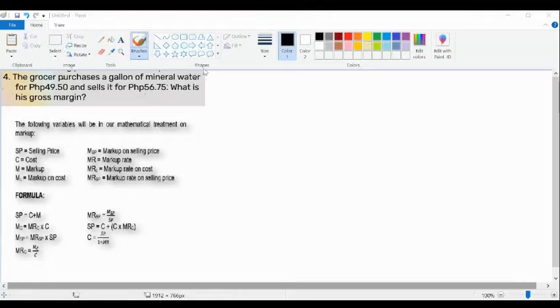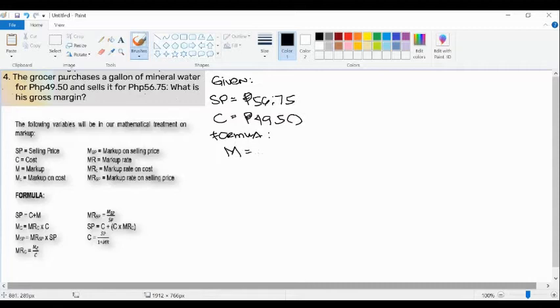So based on this question, we have a selling price of 56 pesos and 75 centavos. And the cost of a gallon of mineral water is 49 pesos and 50 centavos.